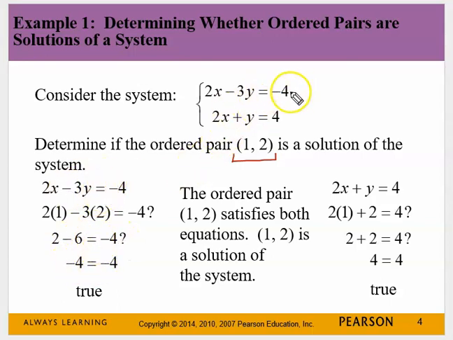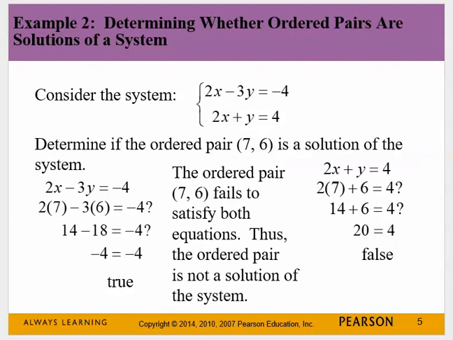So in this first equation, that is true. Now we take the 1, 2 or (1, 2) and put it in the second equation through substitution. There's your x replaced with a 1, your y with a 2. So 2 plus 2 is 4, and this is true. So again, this is sort of the check to see if an ordered pair is a point of intersection.